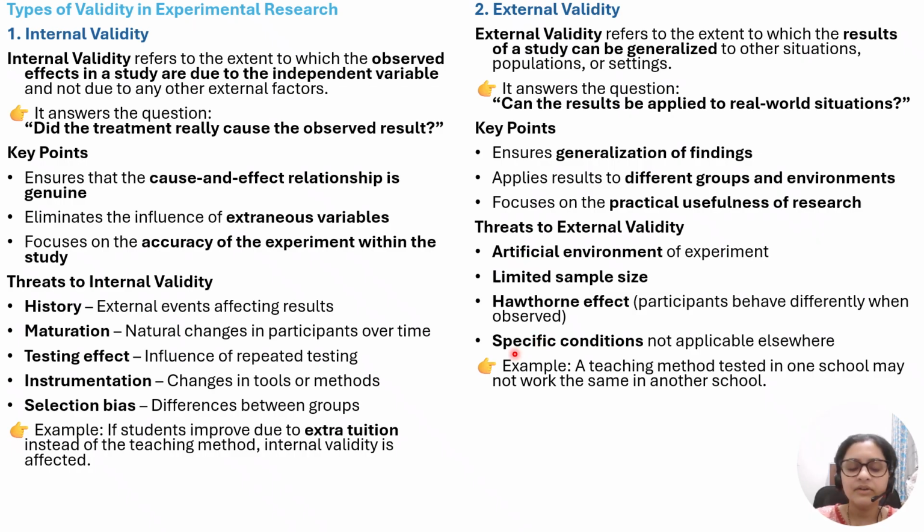When observed in one particular situation, they behave in one way; when observed in another environment, they behave in another way. So if the person keeps on changing according to the situation, then it is a threat to external validity. And some specific conditions are not applicable.